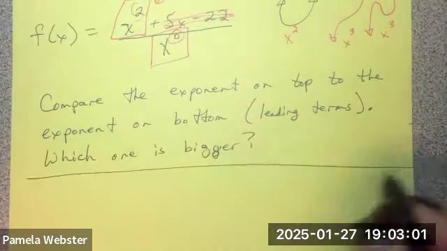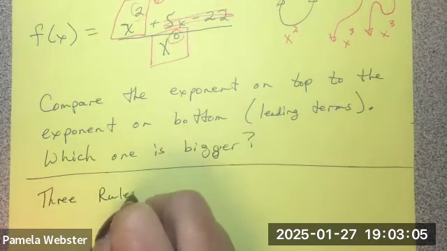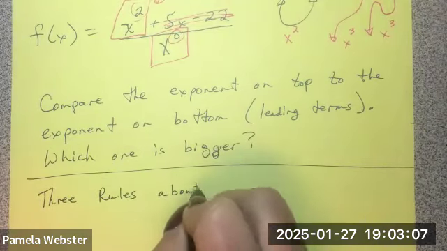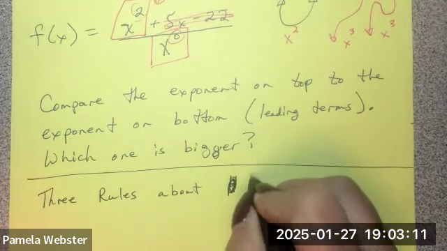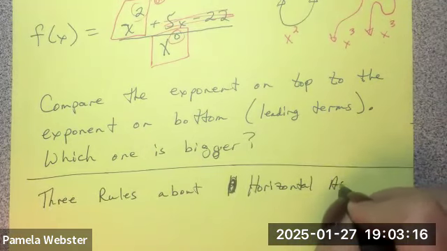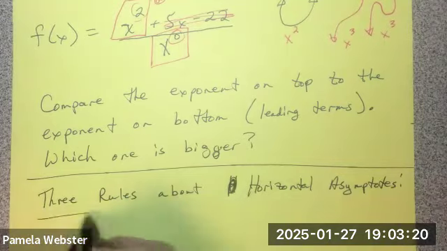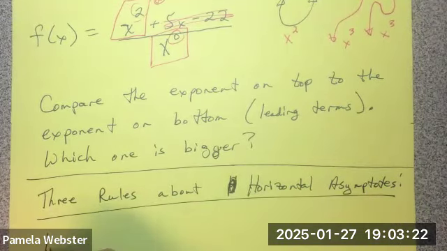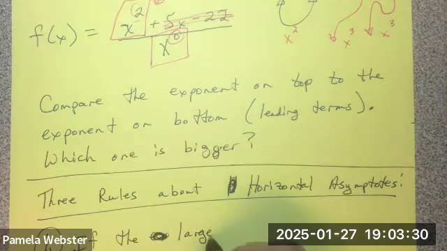Okay. So 3 rules about horizontal asymptotes. I'll write it out this time. 3 rules. Okay. Number 1, if the exponent on top, the largest exponent, let me actually make it official.